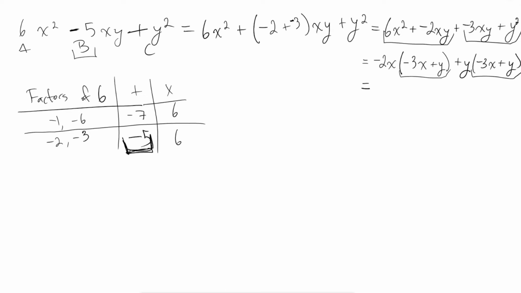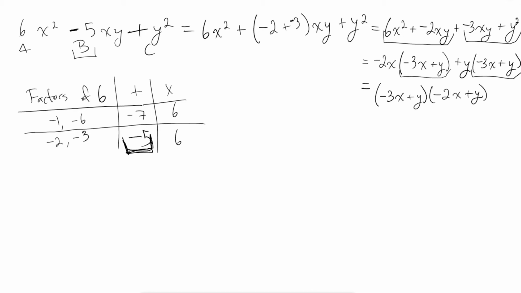So I can once again factor out that right there to get out my common factor. So that is the same as negative 3x plus y multiplied by negative 2x plus y. And that's going to be my answer.